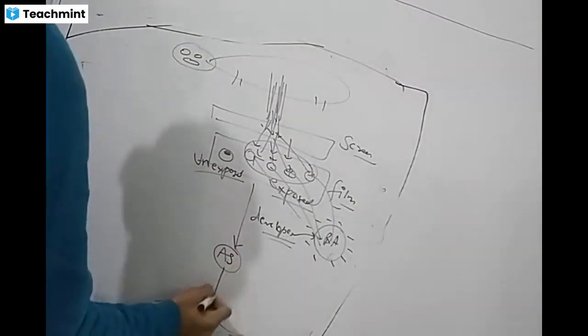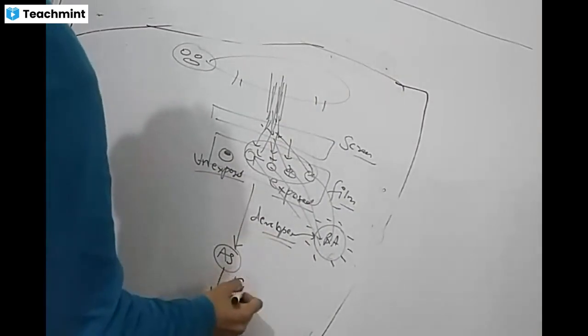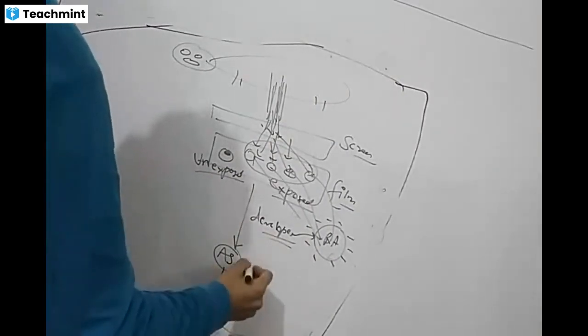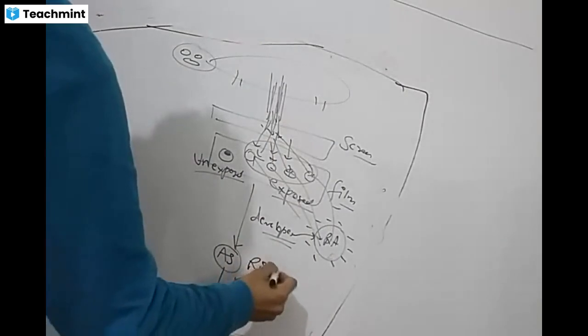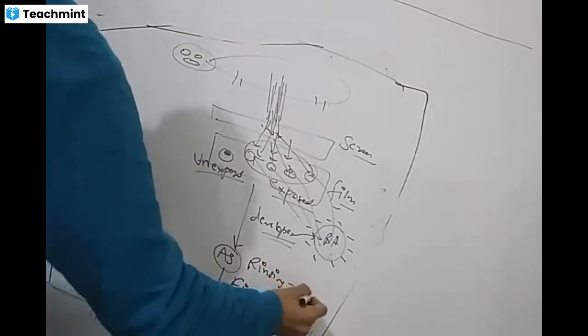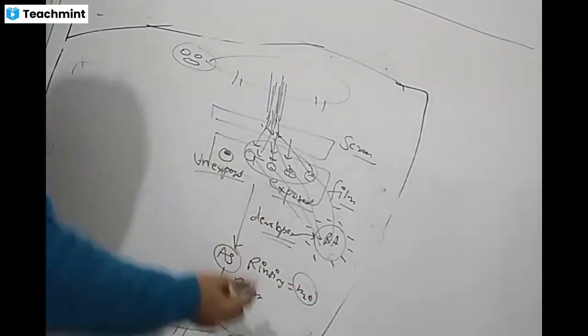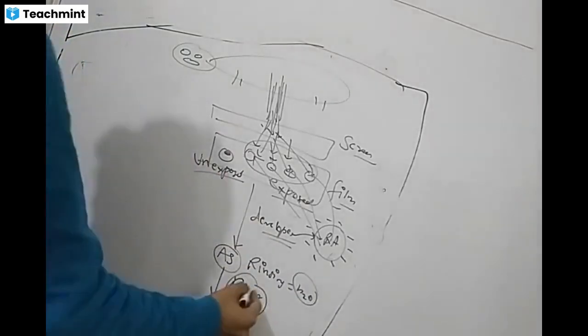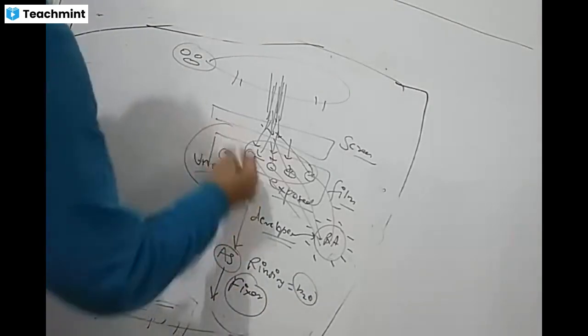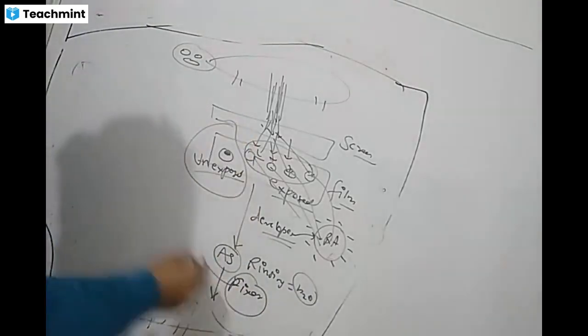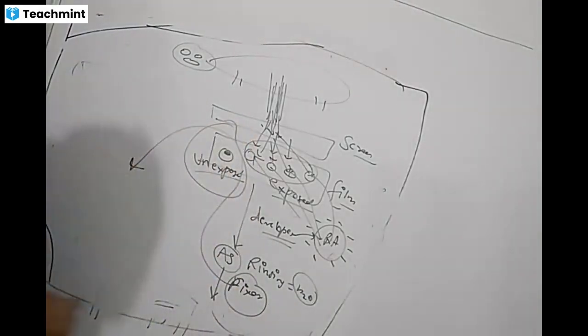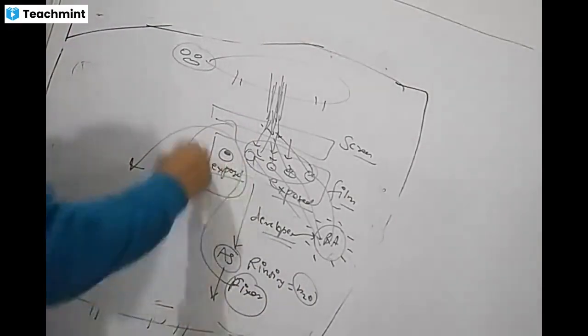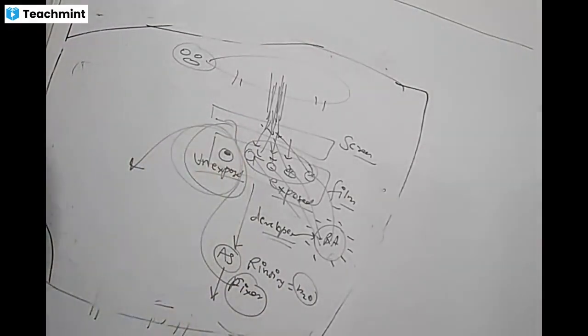Then you keep your film in the fixer. In between you have rinsing with water or a stopper. The fixer has the fixing agent, the clearing agent, that will remove the unexposed part, the fifth one.